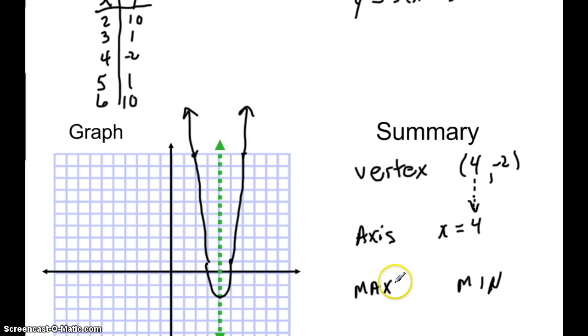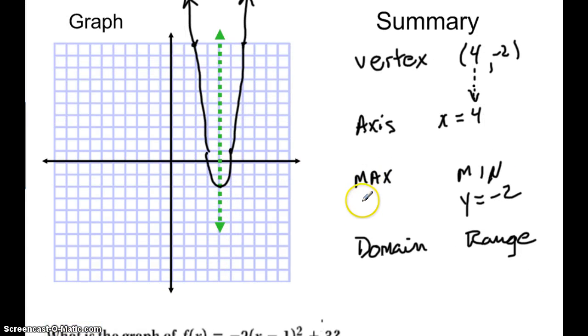This is concave up, so that means we're going to have a minimum. Our minimum's right there at the vertex. But the thing they want about the minimum is really what the y value is at your minimum. It's our minimum output. We don't have a maximum output, unless you would call that infinity, which I would.